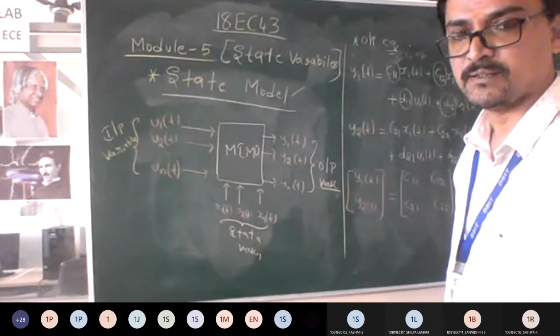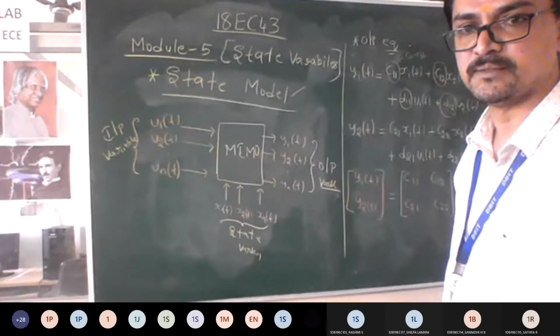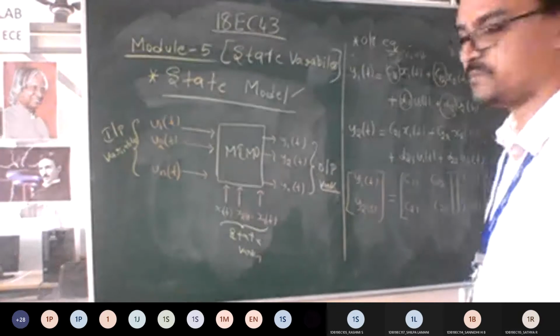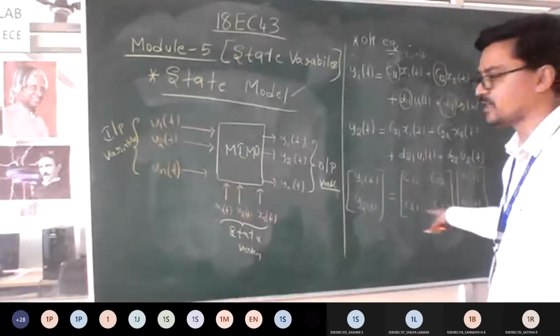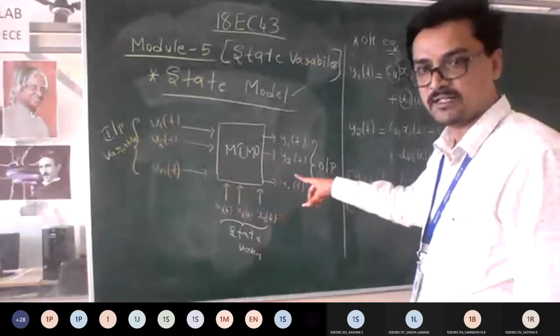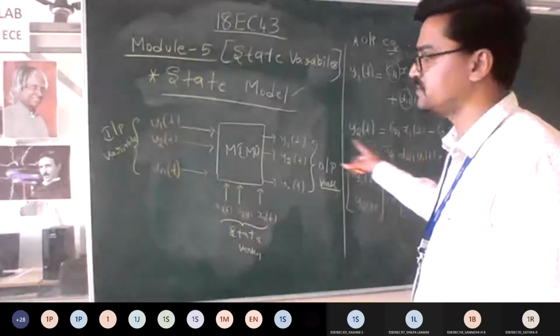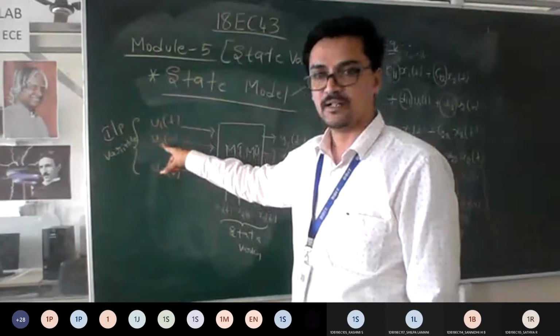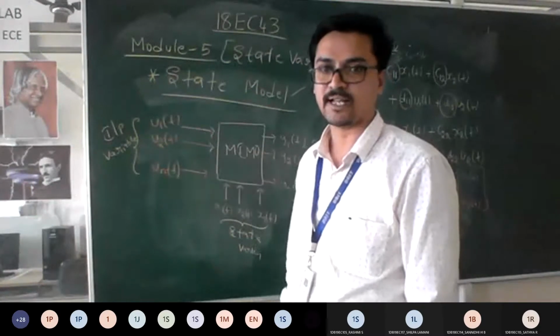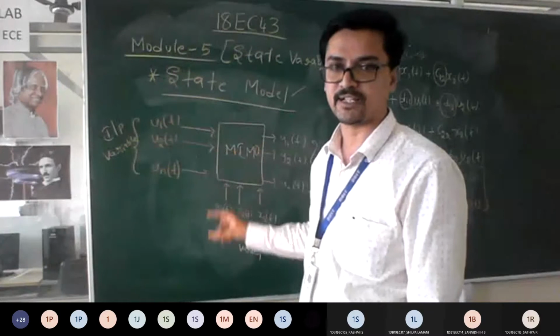So similarly, there is one more u also, right? x1, x2 represent the state variables, with the coefficients C1 and C2. Similarly, we have input variables u1 to un, for the corresponding coefficients d1 to dn, correct?